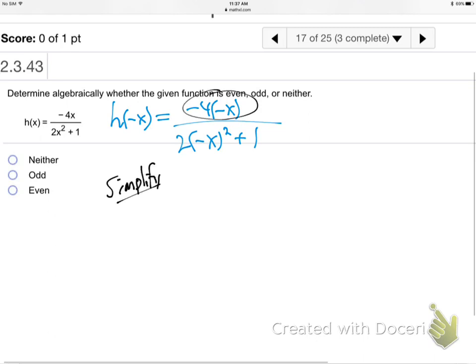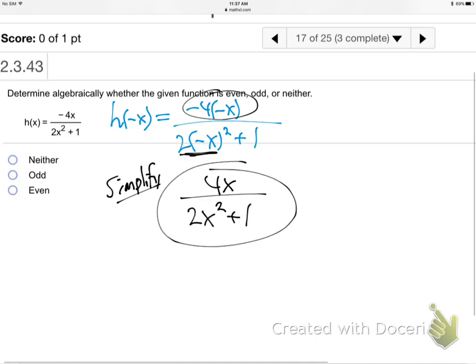So negative times negative is positive, and this negative squared just goes away, right? Okay, so how does that compare to the original? First off, are they the same? Is it even and the same? No, clearly not the same. You with me? Not the same.